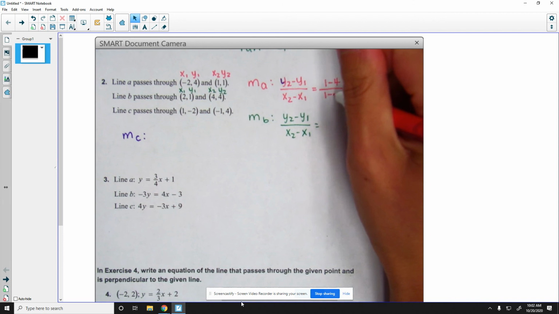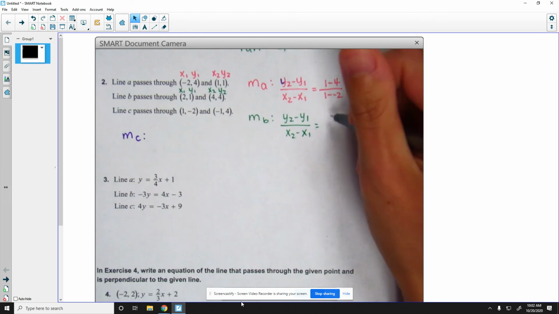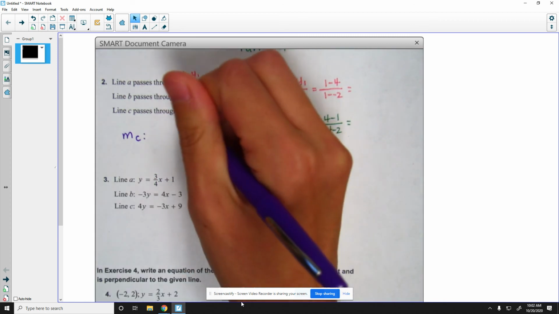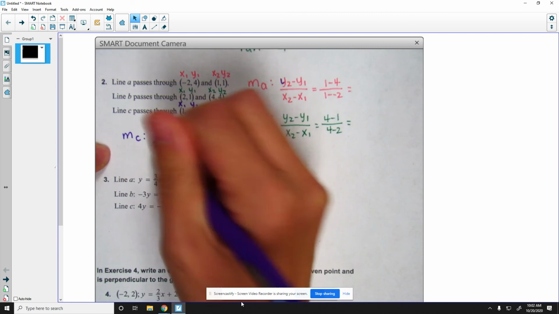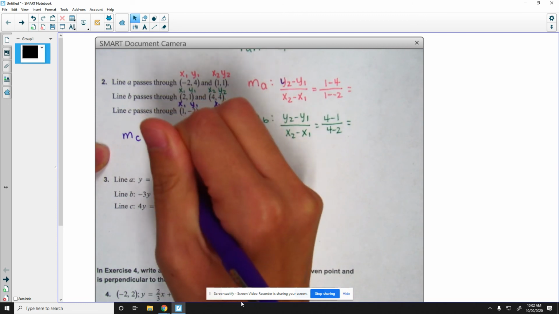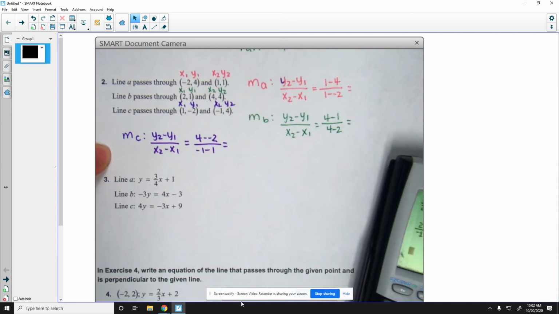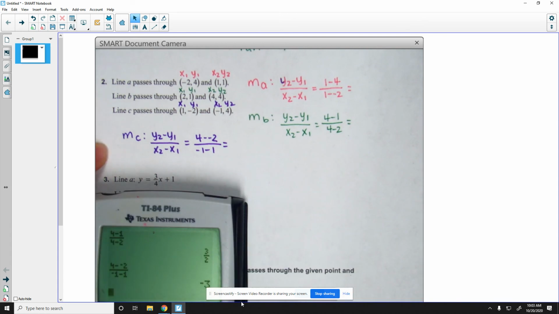Show your work though, like what numbers are you plugging in? I'll give you another 20 seconds to find the slope for your problem.